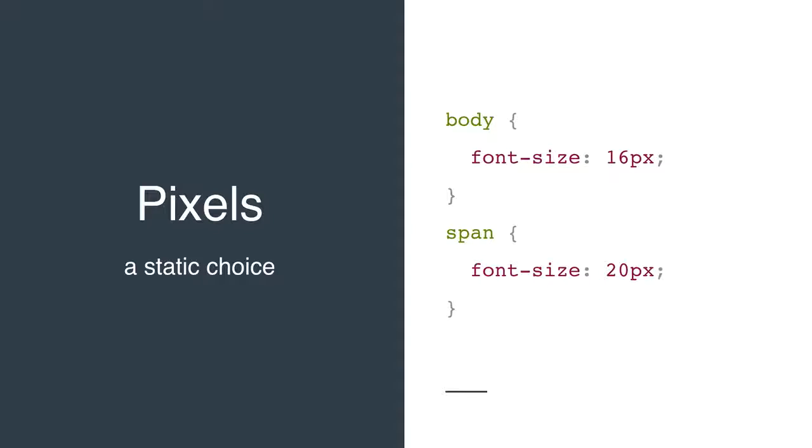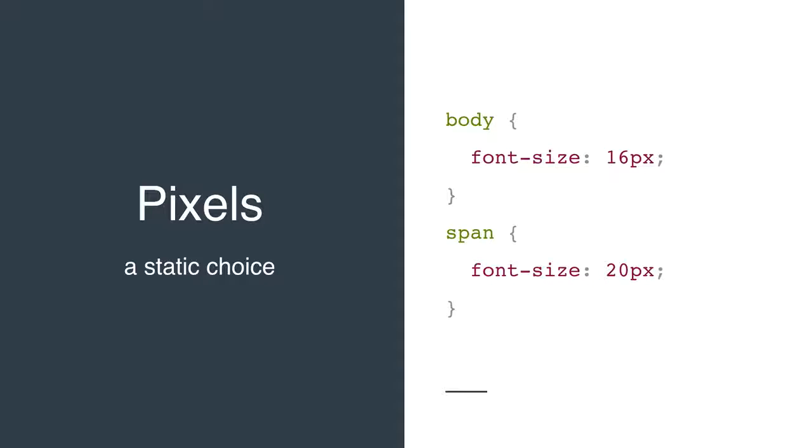So in this first example, we declare for the body a font size of 16 pixels and a span tag with a font size of 20 pixels. So these values will remain the same on the element in which they are set. So it's not always going to be the case with font size properties that you're just affecting the font size.